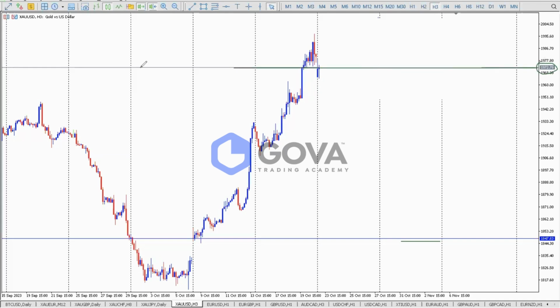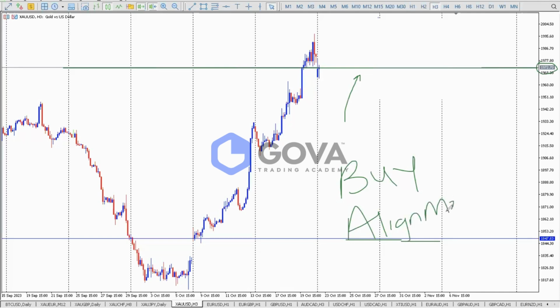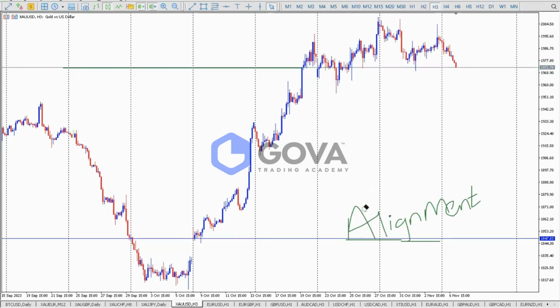If that is my green line, it means that I have the blue line below and the green line above, which automatically qualifies as a buy trade alignment. So you can see how easy it is to recognize alignments using this simple method.